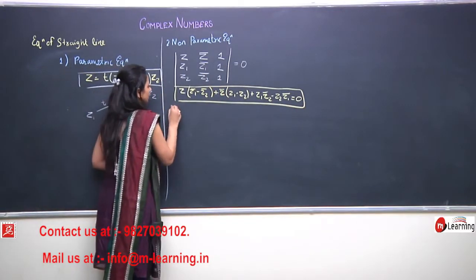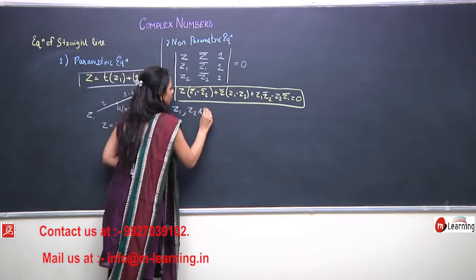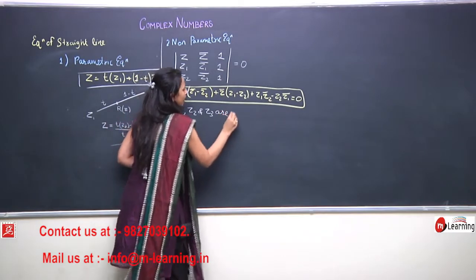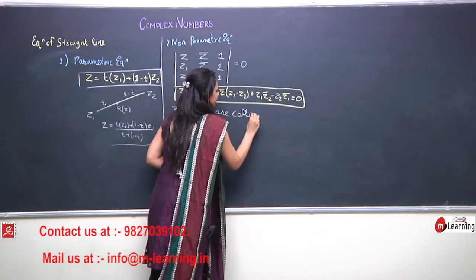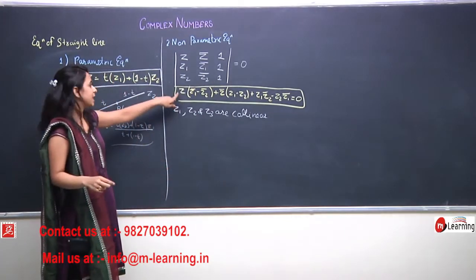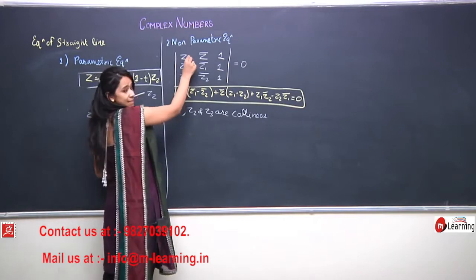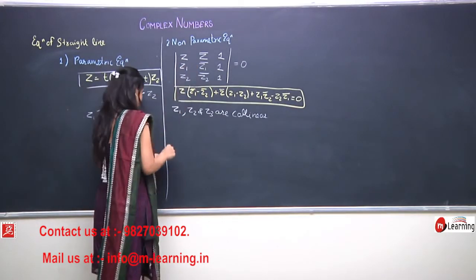Now, if 3 points z1, z2 and z3 are collinear, then all the three z1, z2 and z3 must satisfy this equation. So I am replacing z by z3 in this determinant.